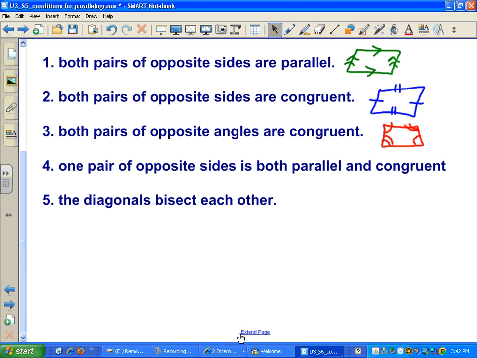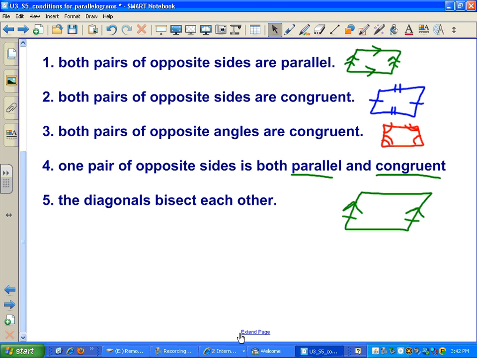For this one, just one pair of opposite sides are both parallel and congruent. So it's like we're combining numbers 1 and 2. So if I know that these sides are parallel, and I also know that they are congruent, then I can say, yes, that is a parallelogram.